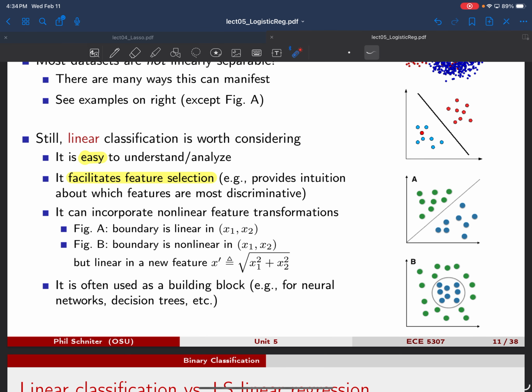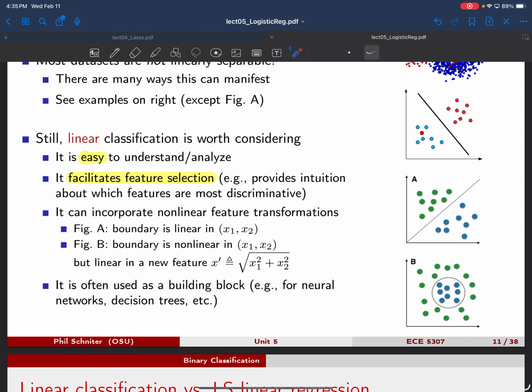But what if I transform my data set and make a new feature, I'll call it x prime, which is basically the radius, imagining that this is the center. So I take x1 squared plus x2 squared, I call that x prime, and now I do linear classification with the x primes. In this case, my decision boundary will look like some circle. As W gets larger, that circle gets bigger.